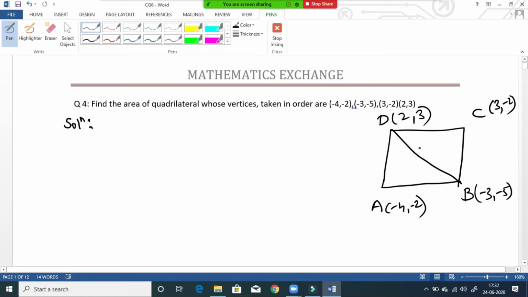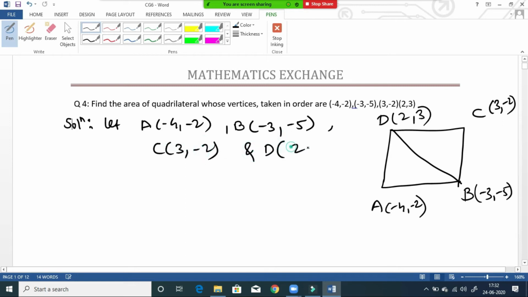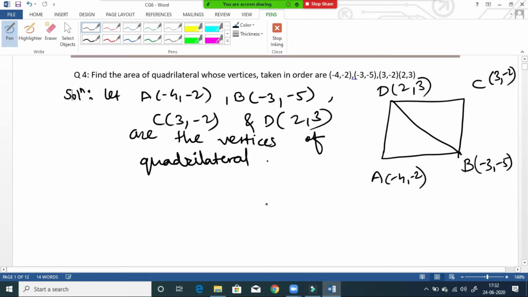So here we draw one of the diagonals, BD. We can also draw the other diagonal AC. So it must be divided into 2. So let A(-4, -2), B(-3, -5), C(3, -2), and D(2, 3) be the vertices of quadrilateral ABCD.